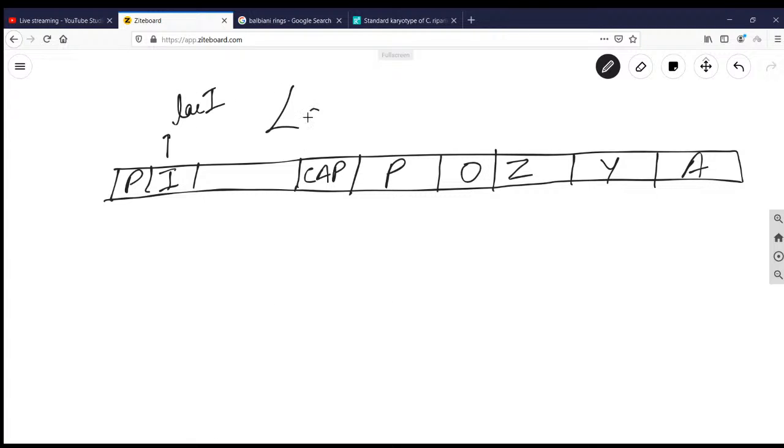This is your lac operon concept. You will be having a polycistronic mRNA comprising of these three genes. Now, Z codes for what? Z codes for beta galactosidase, Y codes for lactose permease and A codes for thiogalactoside transacetylase. Okay.